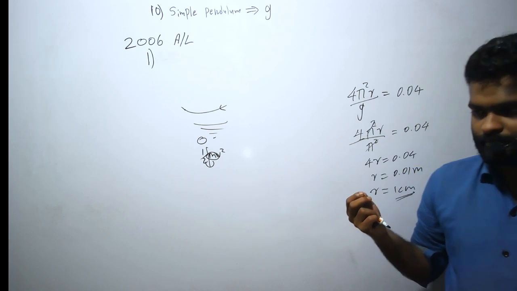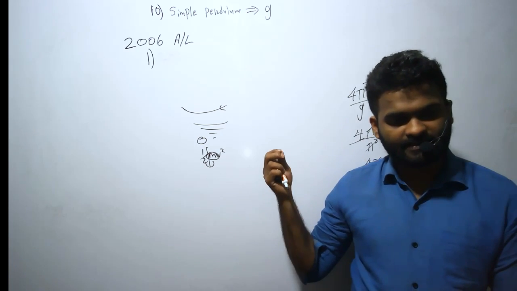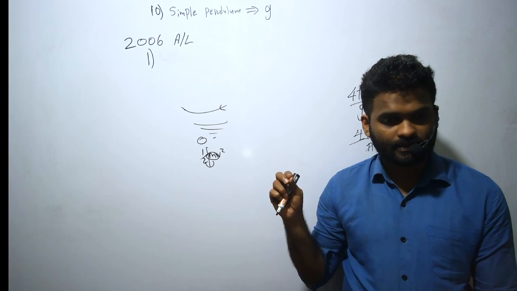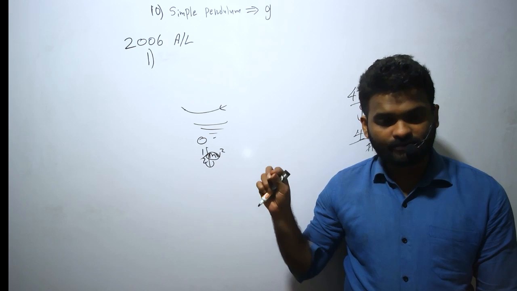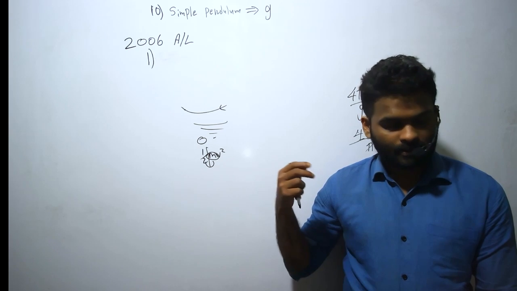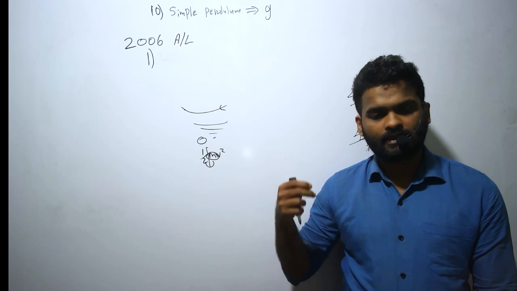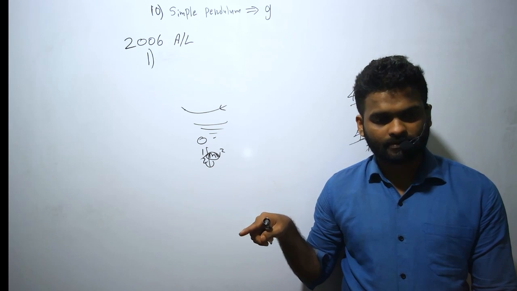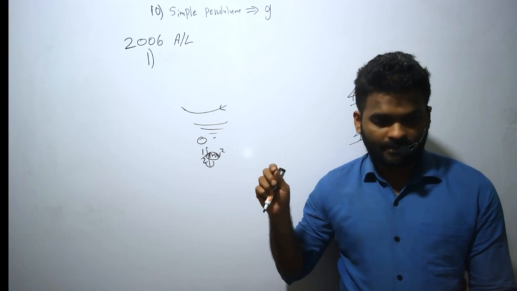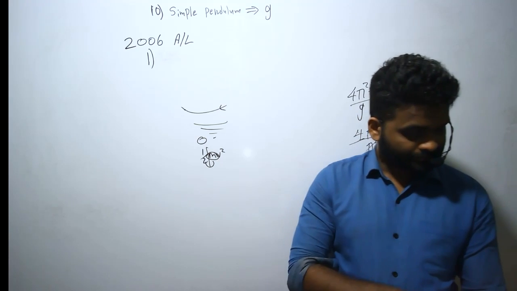You can write a reason, but it has to be a just reason, right? You should be able to justify that. You can be creative and write that. If it seems correct, they cannot reduce marks. But you should be able to justify that.